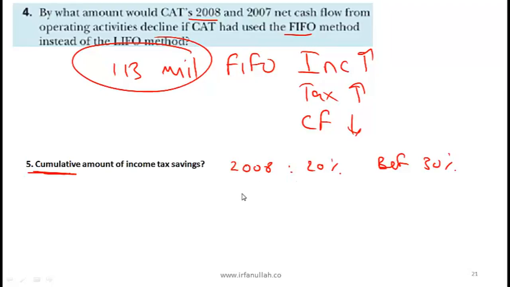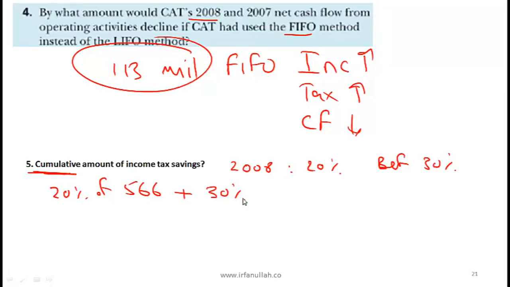So, what was your tax saving in 2008? It was 20% of 566, which was the change in LIFO reserve, which is effectively the savings that you made on COGS, plus what? Plus 30% of what?